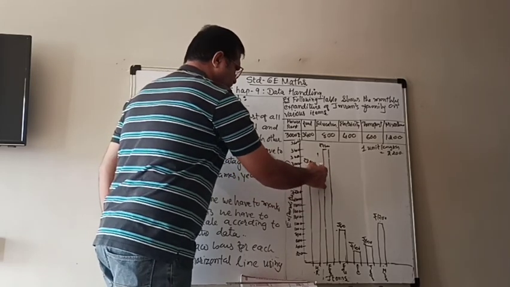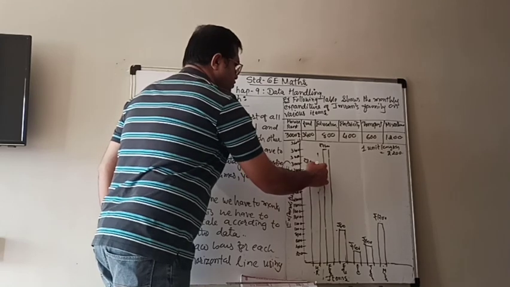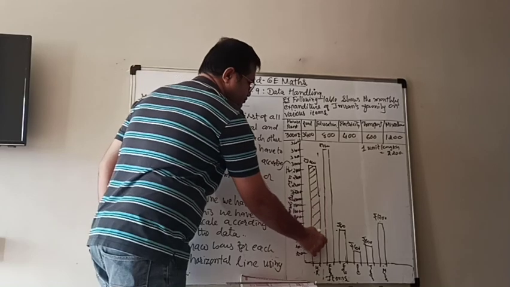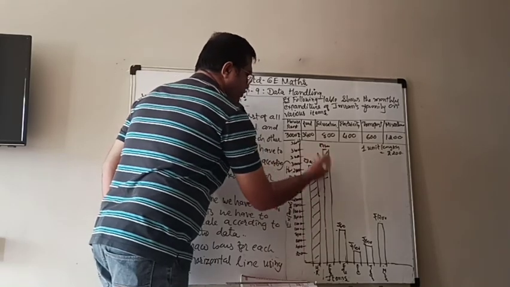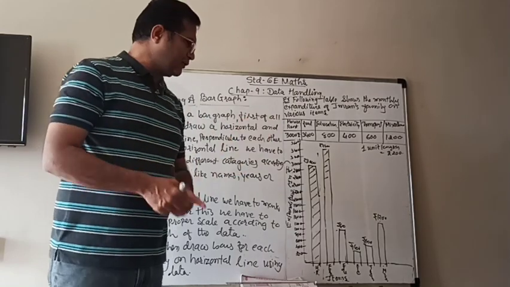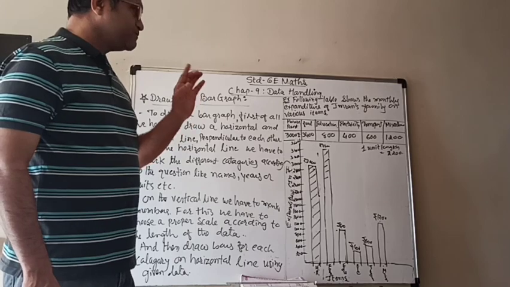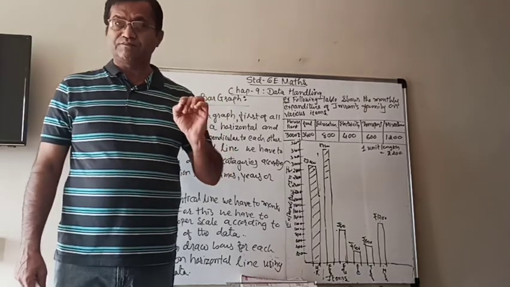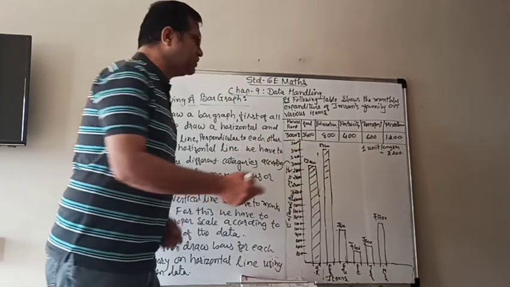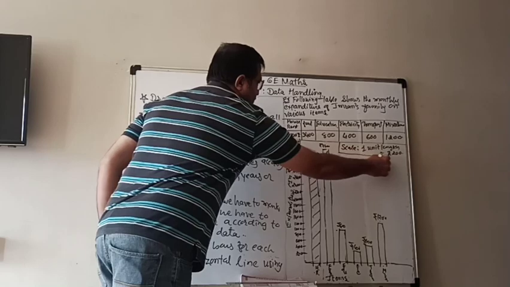It is not necessary, but it looks better. You can color it, or draw different types of decoration. The main thing is that you have to mention here what scale you have chosen.